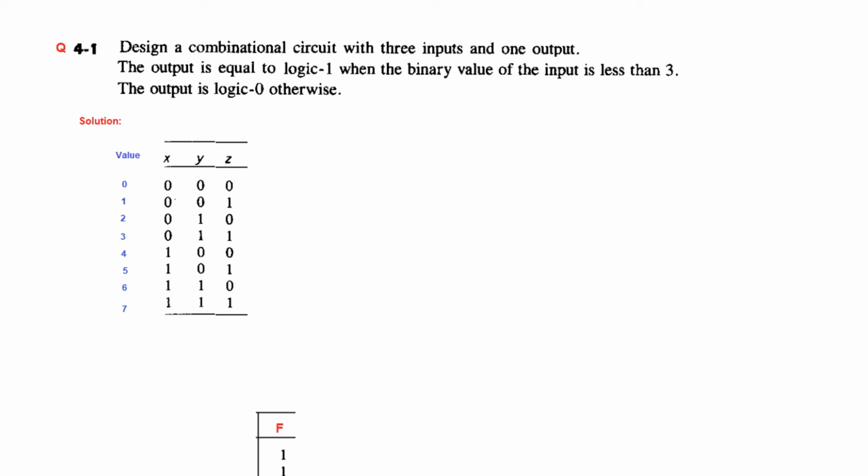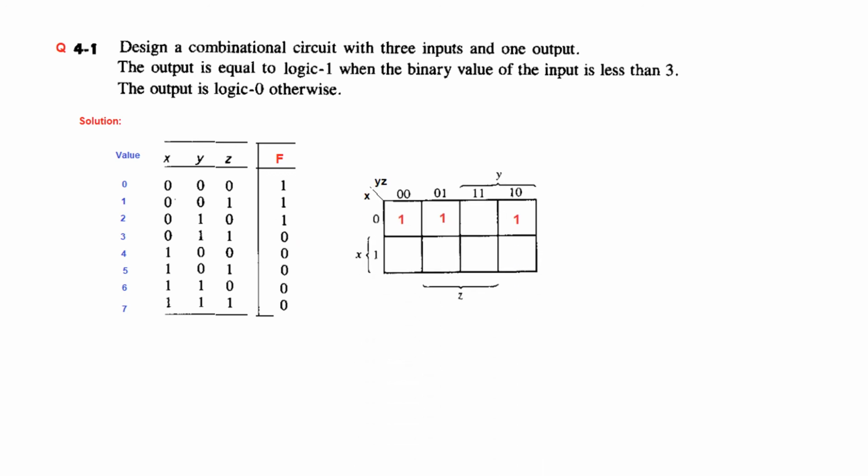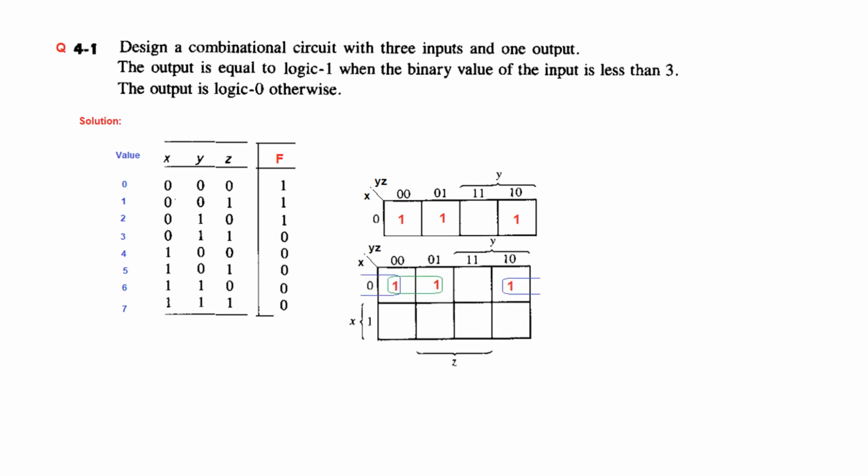So let's plot the output. This is the output function. For these three, we have written 1, and for the remaining, we have written 0. And now we can design it, taking help of a K-map. You see that we have plotted these three in the K-map, and now we'll try to simplify.